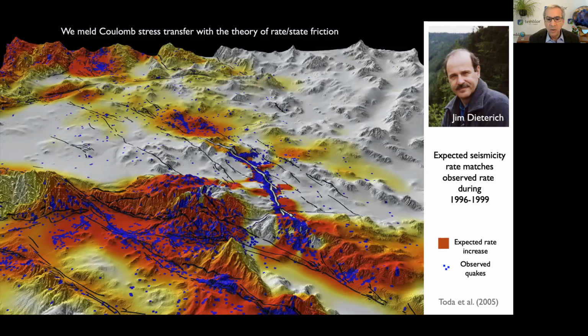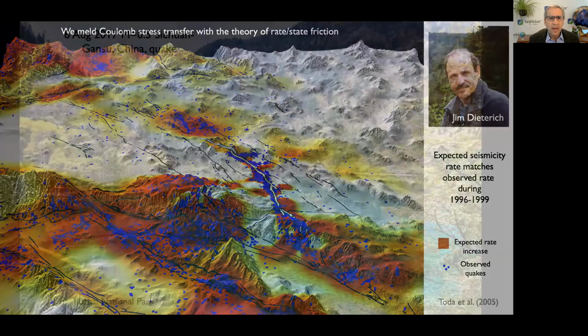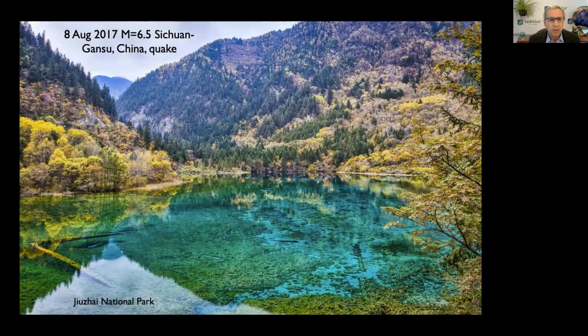So now let's go to China, to the site of the terrible 2008 magnitude 7.9 Wenchuan earthquake. That earthquake obviously is capable of producing large aftershocks. One occurred several years ago that sadly destroyed this national park.